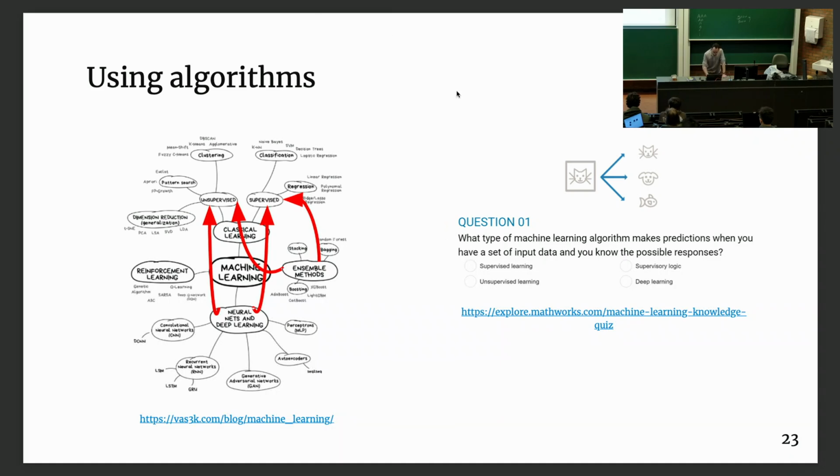The example on the left actually also shows that not everybody gets this completely right. Like, what type of machine learning algorithm makes predictions when you have a set of input data and you know the possible responses? Of course, they want you to answer supervised learning here. Supervisory logic is something that they just made up to confuse you. But what doesn't make sense is that they would say deep learning is not this.